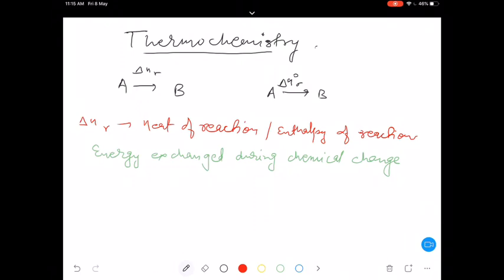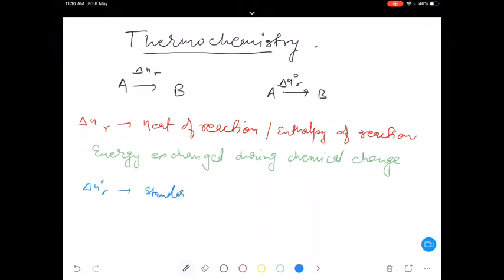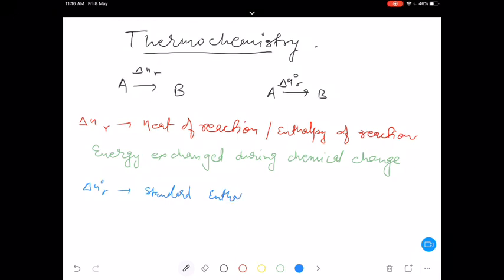Okay, now delta H naught R, that is standard enthalpy of reaction.